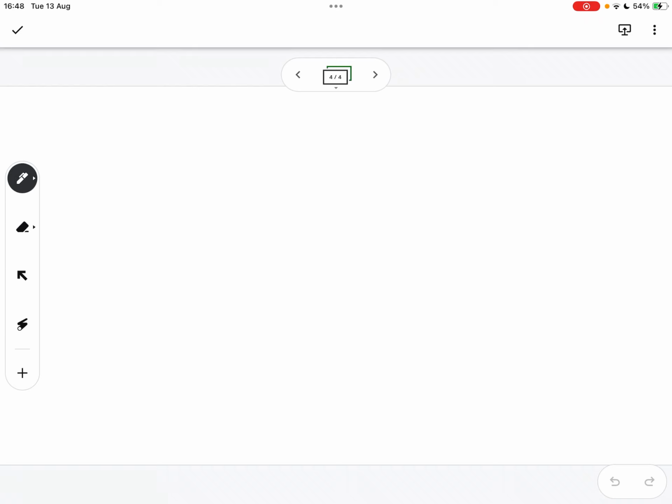So we've done perfect square, right? And a perfect square would be a plus b squared or a minus b squared, right? That's a perfect square.